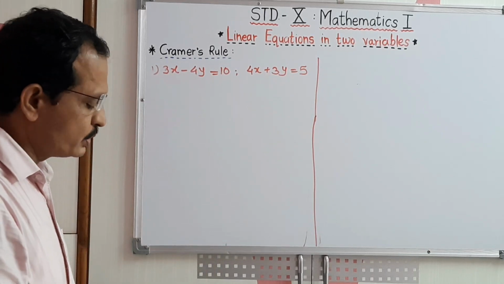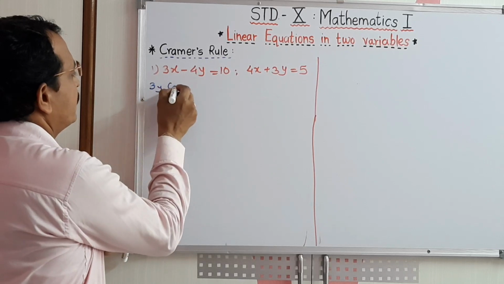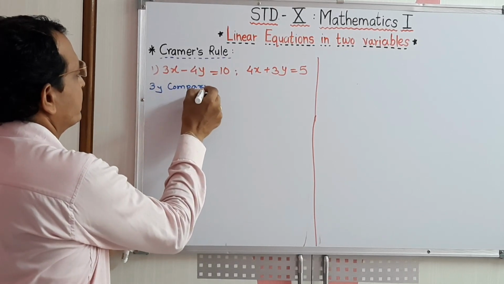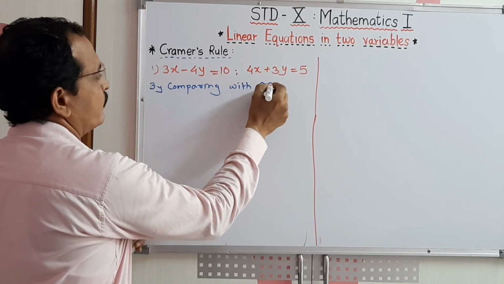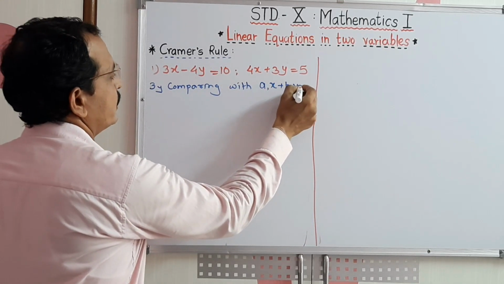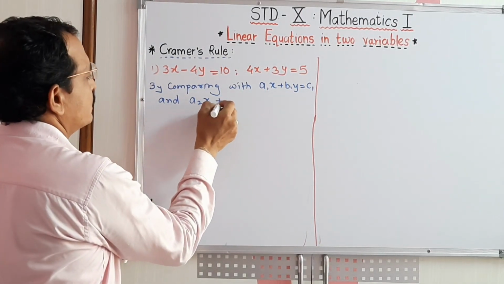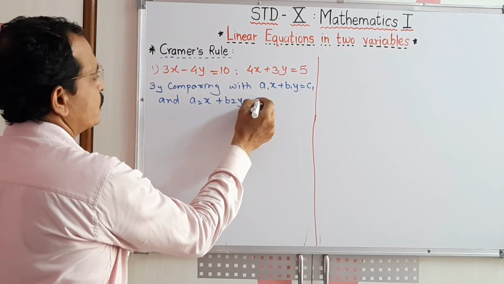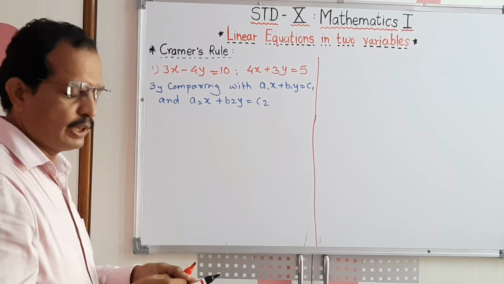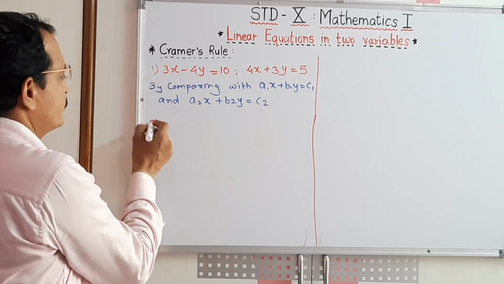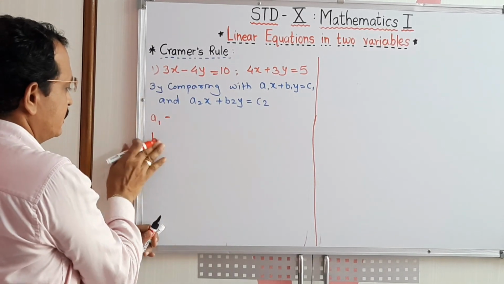Therefore, first step you have to write: by comparing with a1x plus b1y is equal to c1 and a2x plus b2y is equal to c2, we have to write the values of a1, a2, b1, b2 and c1, c2.